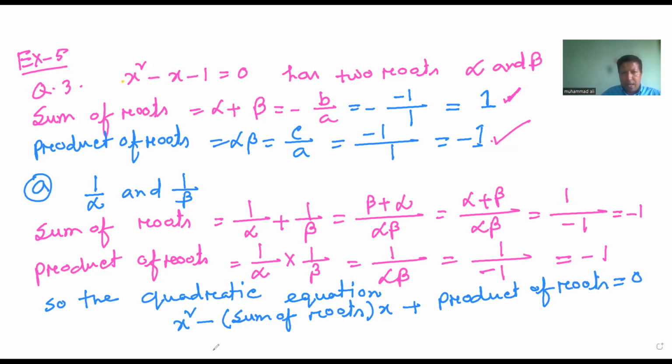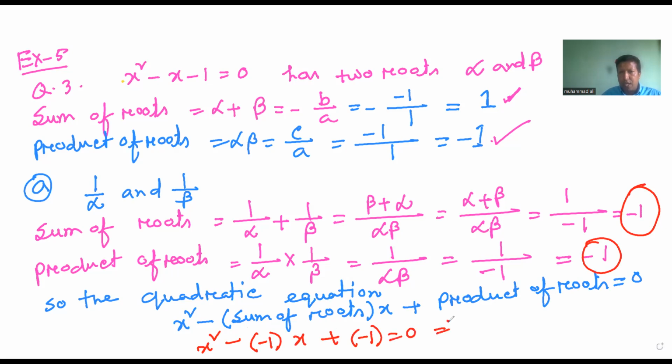So here x square minus sum of roots, we will take this minus 1, it will be minus 1 x, and product of roots we will take this minus 1, equals 0. So finally we get x square plus x minus 1 equals 0. So this is the answer for part A.